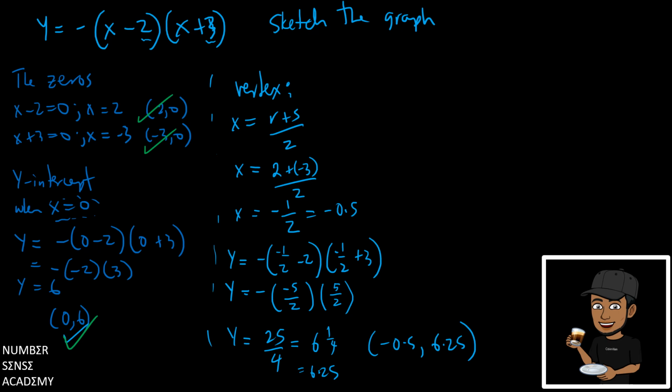And I know it's downward sloping, right, because of this. And I have my vertex. So with all of this, I should have enough to sketch the graph. So let's see what we end up with. Again, I'm going to give more room because of this 6.25. I'm going to give more room to the top.